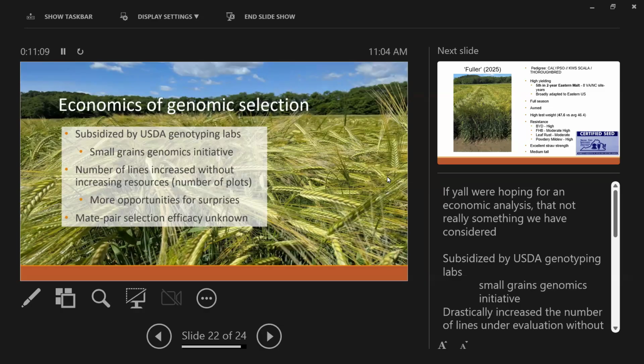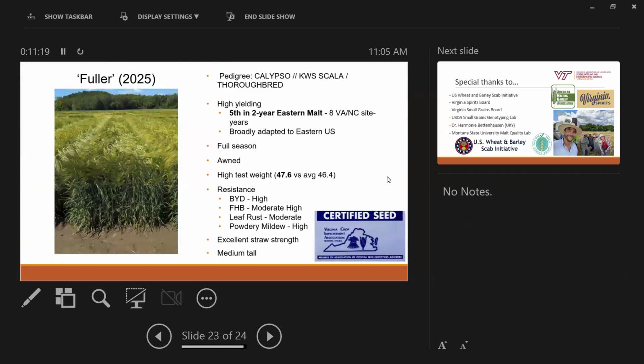But also the efficacy of mate pair selection with it is still currently unknown. However, this process has allowed us to release Fuller, a 2-row winter malting barley, this year, using all of these processes, and it's doing well. It's high yielding, it has fairly good resistance to most traits, and it has good malt quality.